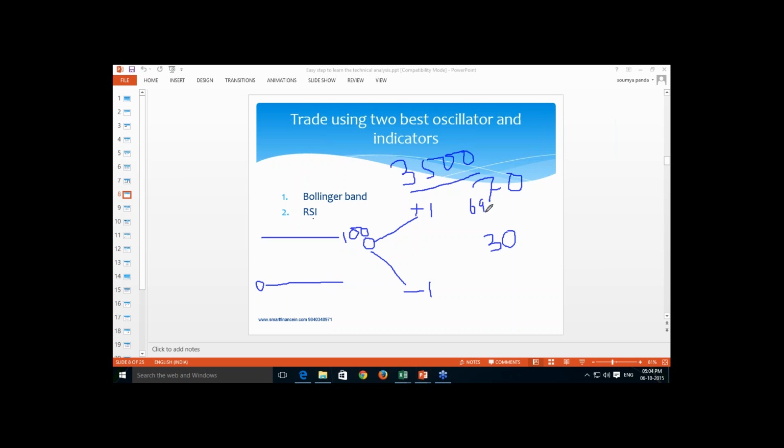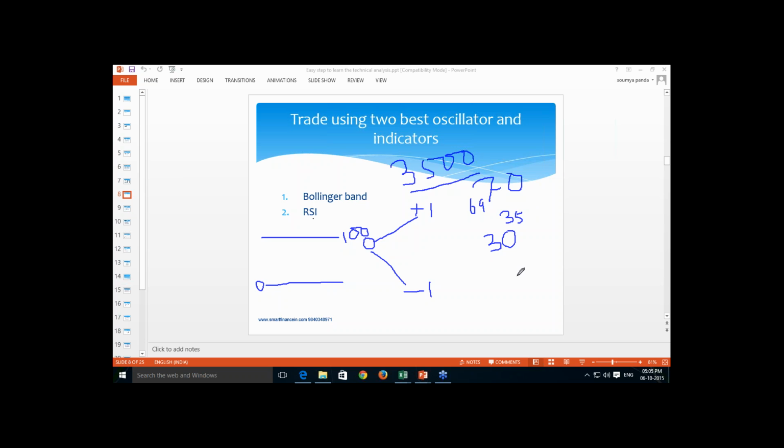Can I conclude that this is a mature trend, or the trend is already over, it is in the overbought zone, and based on that can I sell? Or if I am at 35, shall I buy in expectation of a 70? Because it is a historic indicator.